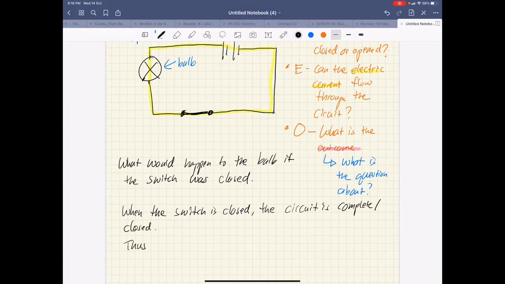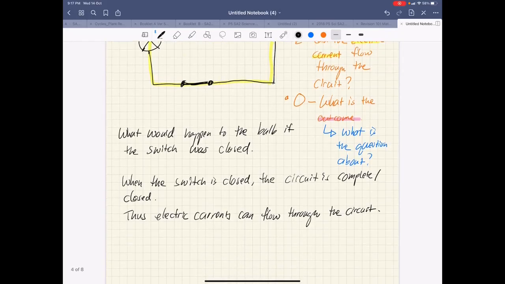Thus, electric current can flow through the circuit. This is the second point on E. And the last one, on outcome, causing the light bulb to light up. Okay, so this is the outcome.